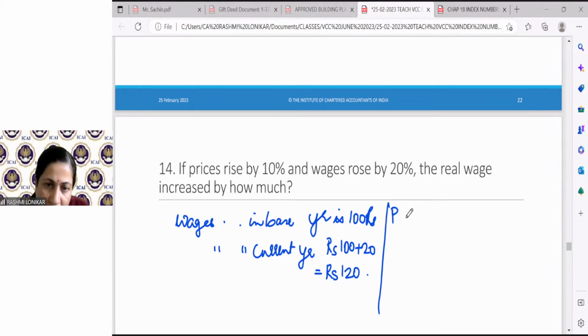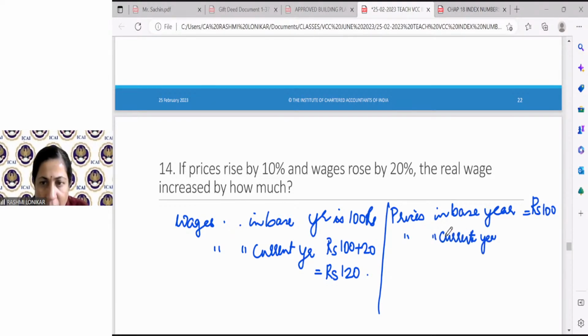So prices in base year were how much? Rupees 100. Prices in current year will be how much? Rupees 100 plus 10, which is equal to 110.